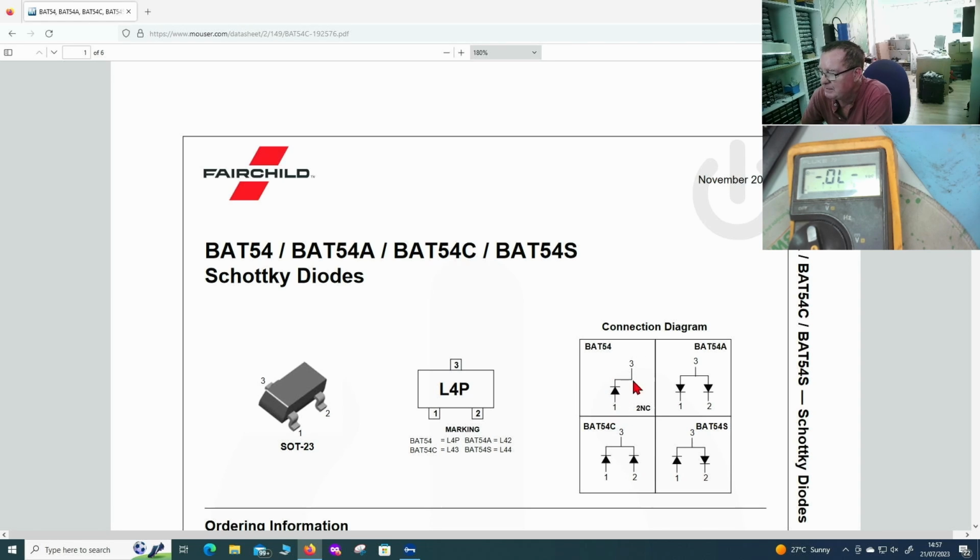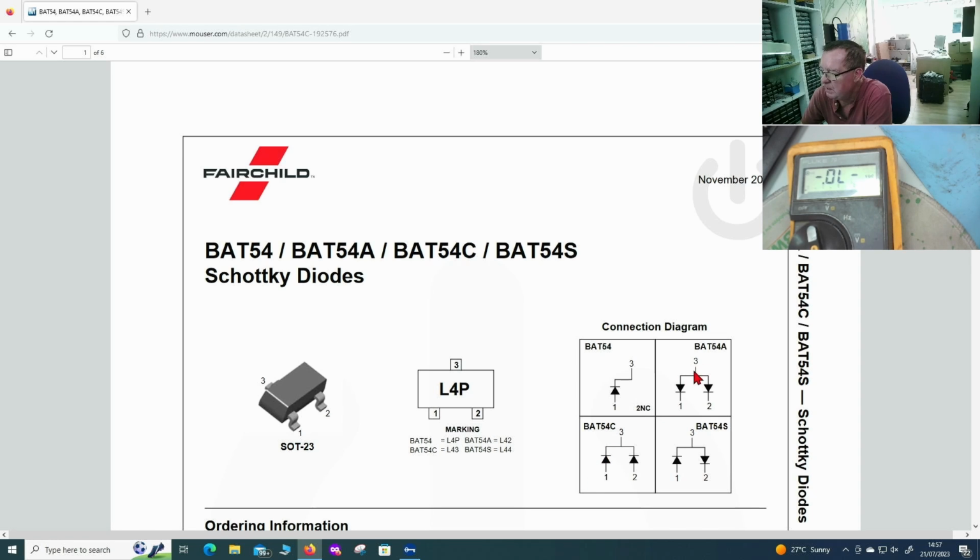If you read this in circuit or even out of circuit, it may look like a MOSFET, with this being the drain or source either way, depending on whether it's P channel or N channel. But the gate, which would be over here, will not switch it on or off because there's no connection to there. Also, the gate is here normally, okay? These two will look like an NPN and a PNP transistor.